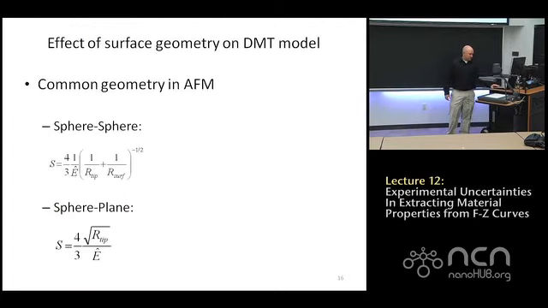And to simplify that, for the common cases in AFM, say sphere-sphere, where our tip is a sphere and whatever we're indenting is also a sphere, that complicated constant reduces to 4/3 times 1 over r tip plus 1 over r sphere surface, inverse.